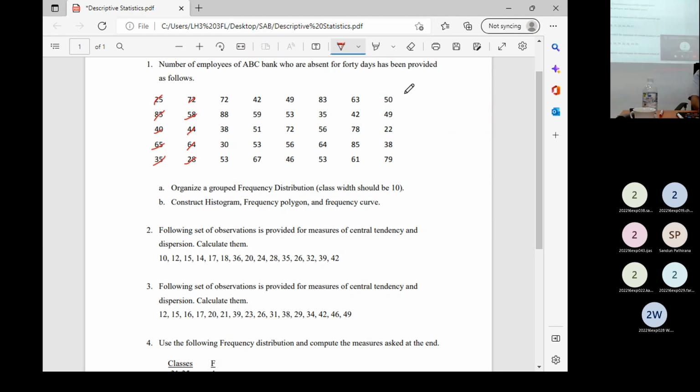Right, I start from this 2: 22, 25, 28. Column-wise or row-wise you can write 30, 35, again 35, 38, again 38, like that.